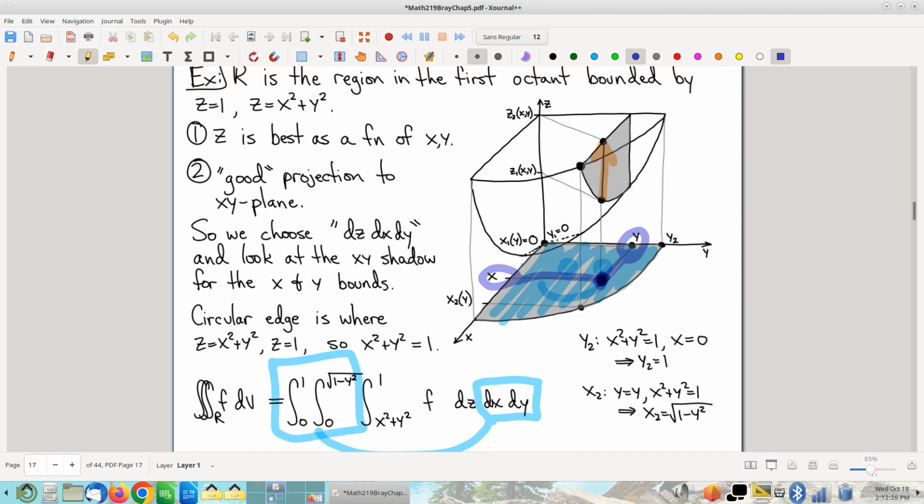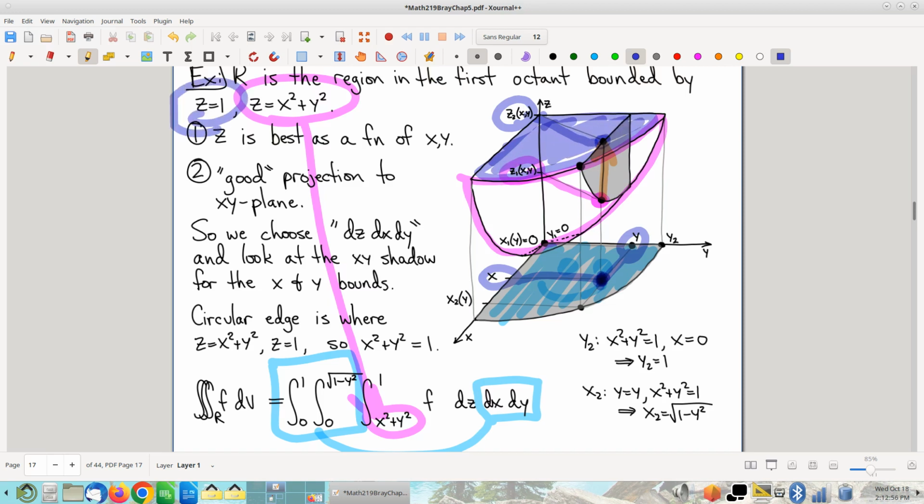Well, again, I rigged it up so that I chose to do the projection in this direction so that this point defining the lower z bound would always be on the same surface, which is then easy to solve for. And likewise, the upper bound for z is going to come from this point, which is always consistently on this upper face, which is easy to solve for z.